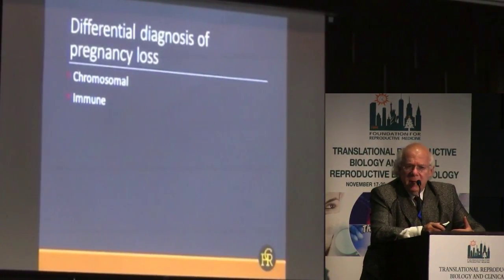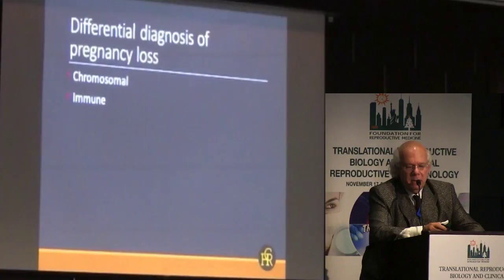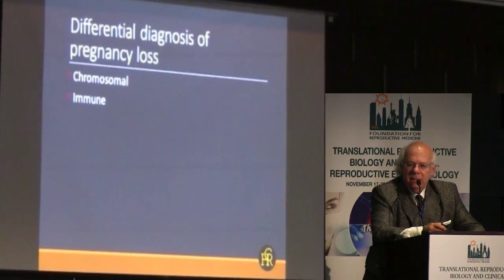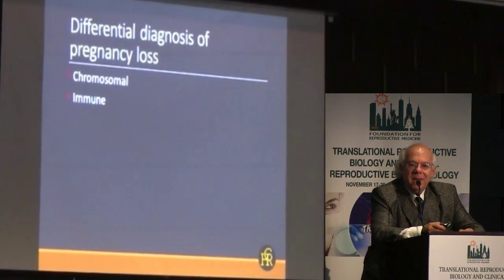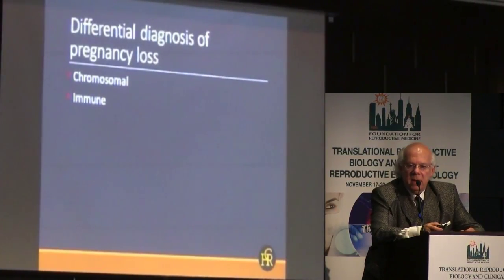What is also frequently of great importance is the kind of pregnancy loss. And I mentioned that already before. It makes a difference whether you have an early blighted ovum or whether you have a pregnancy loss at 16 weeks after fetal heart. It makes a big difference whether pregnancy loss happens before or after fetal heart.